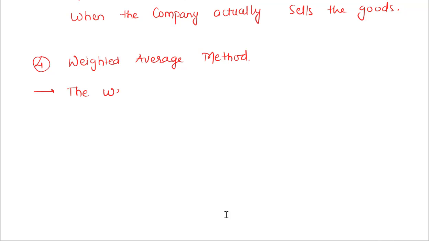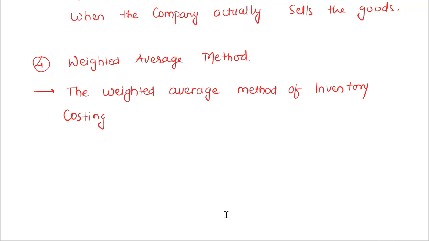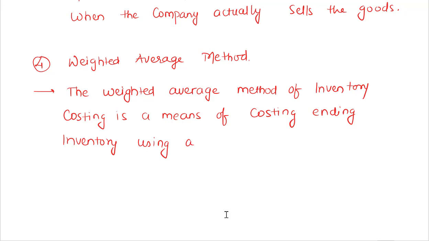Just write the weighted average method of inventory costing is a means of costing ending inventory using a weighted average unit cost.